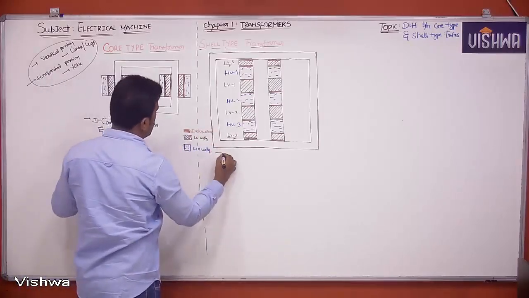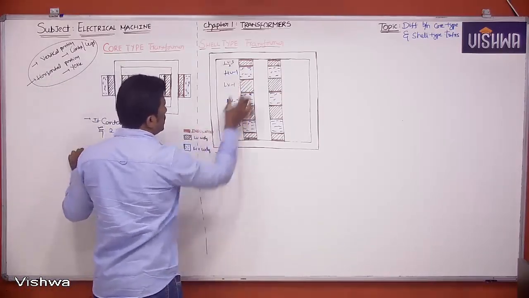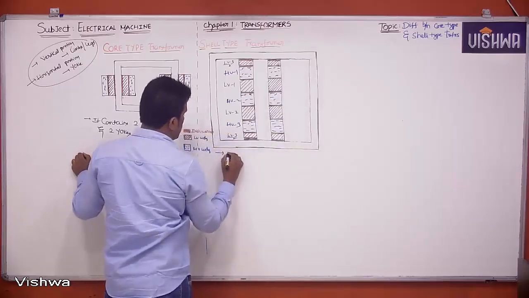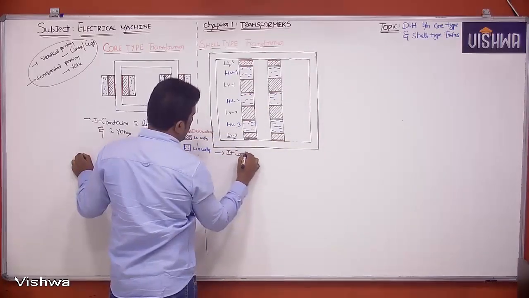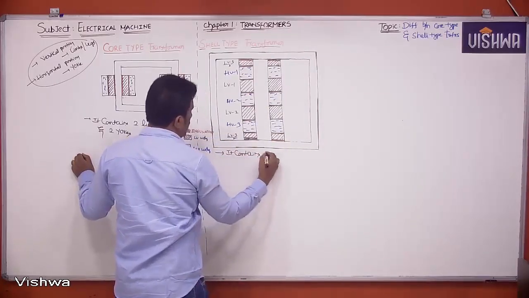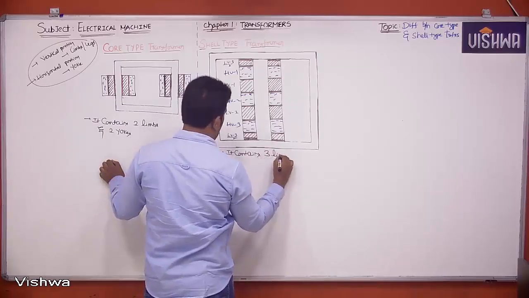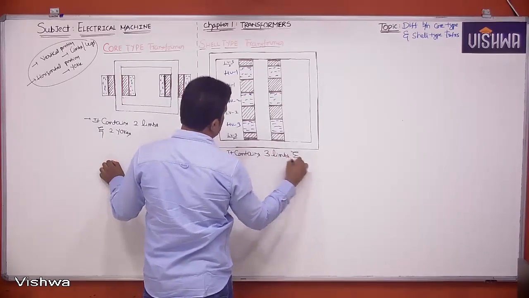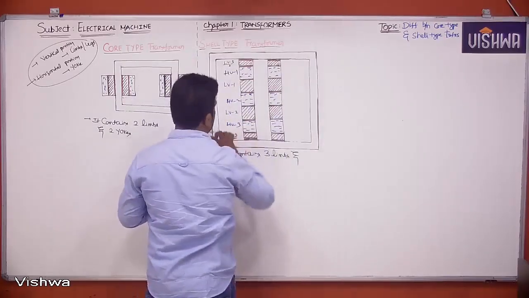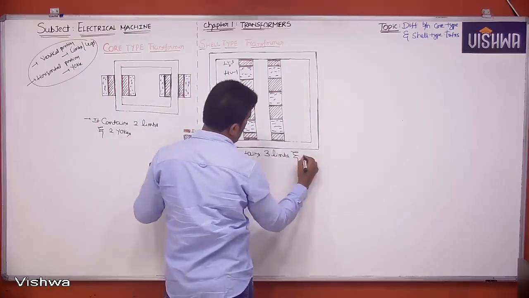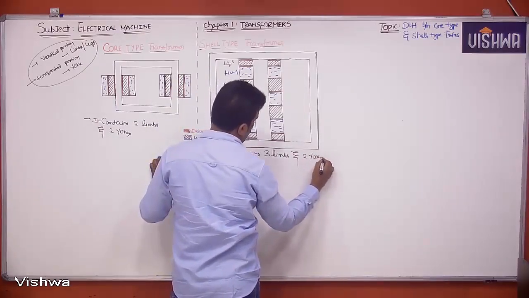What about shell type also? Shell type contains 1, 2, 3 limbs, and how many yokes? Here horizontal portions 1, 2. It contains 3 limbs and 2 yokes.